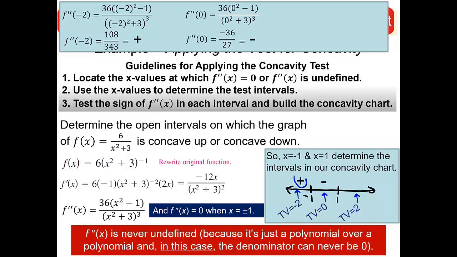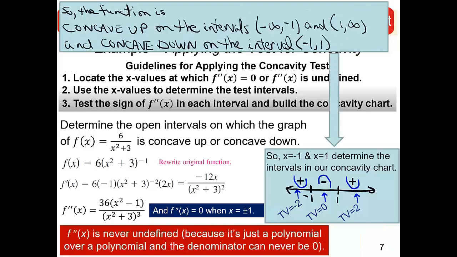So in the middle interval, the second derivative is negative, which means concave down. And then I move to the final test value, which is positive 2. Again, I get a positive second derivative. That means concave up. This should look very like what you did with increasing, decreasing charts, except now you're doing everything with the second derivative.